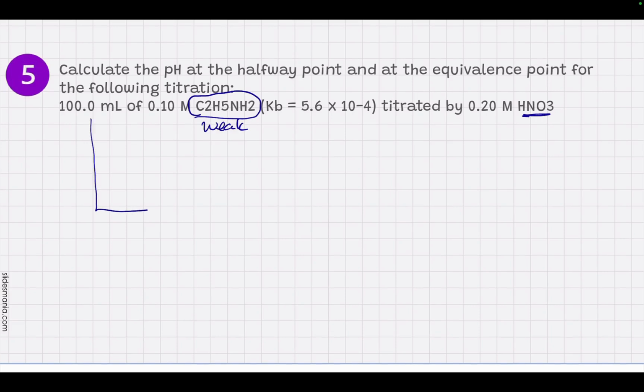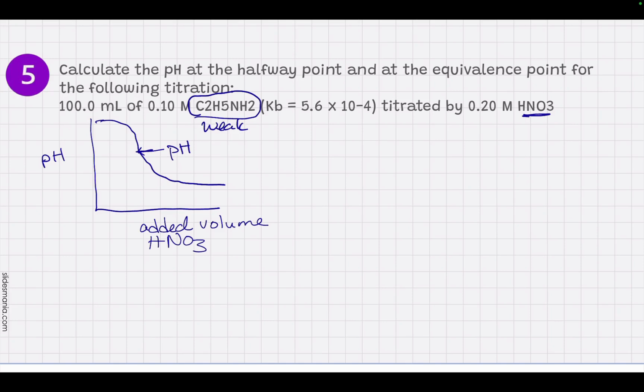If we look at this, and this would be the added volume of nitric acid, we would have that kind of a curve. So what we're looking for is the pH at the equivalence point.